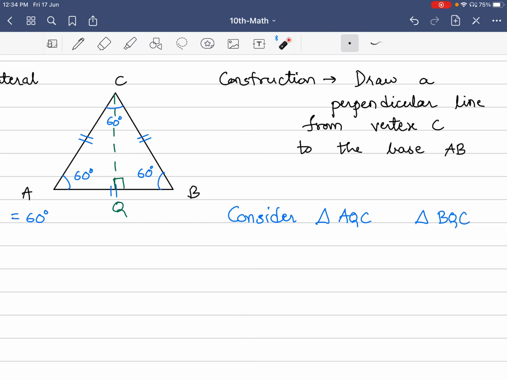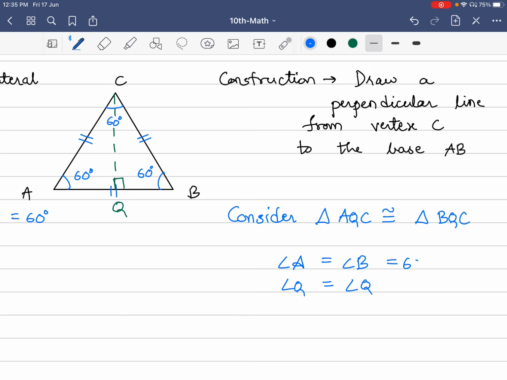Now we are going to prove that triangle AQC is congruent to triangle BQC. How is that possible? Let me write it down. It's congruent to triangle BQC because angle A is equal to angle B, 60 and 60.